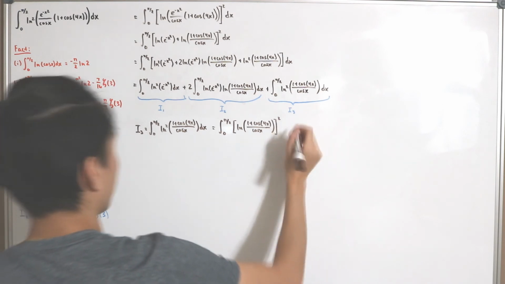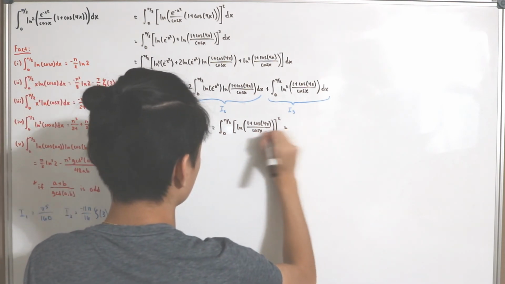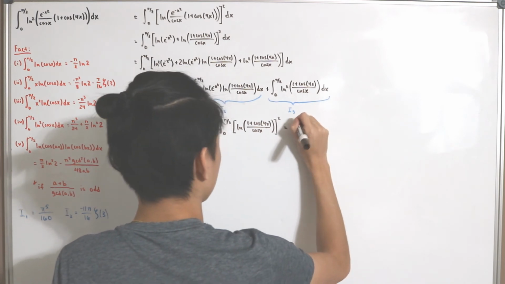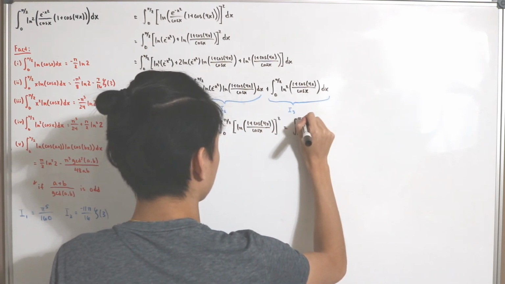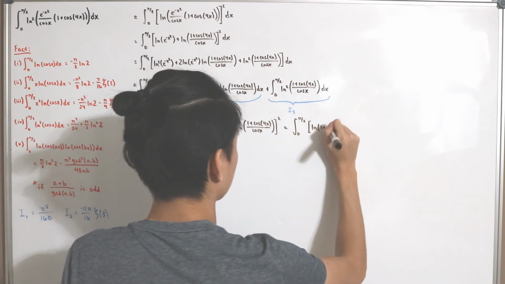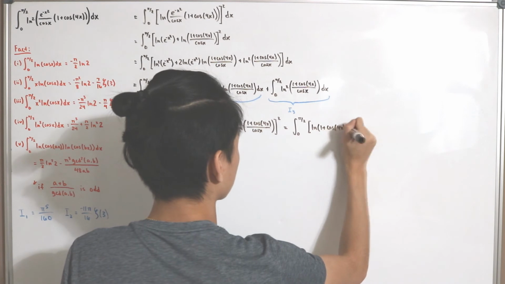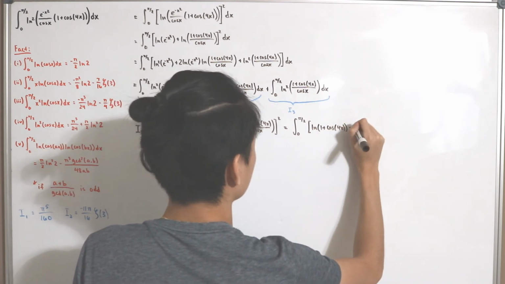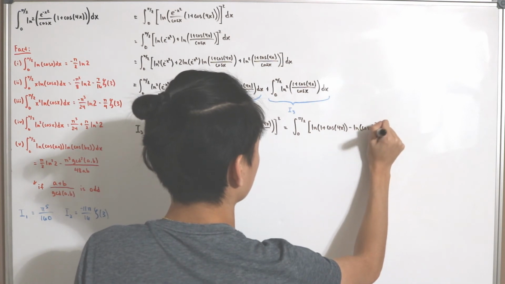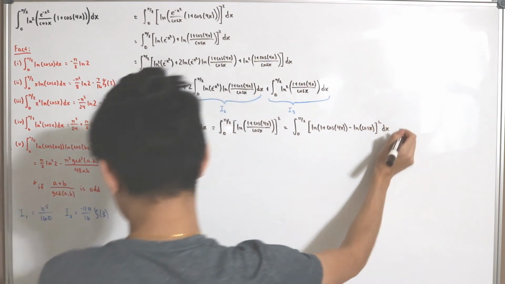And now we can use the natural log rule. This is division, so I can write this as a difference of natural logs. 0 to pi over 2 of natural log of 1 plus cosine 4x minus the natural log of cosine x, squared, dx.